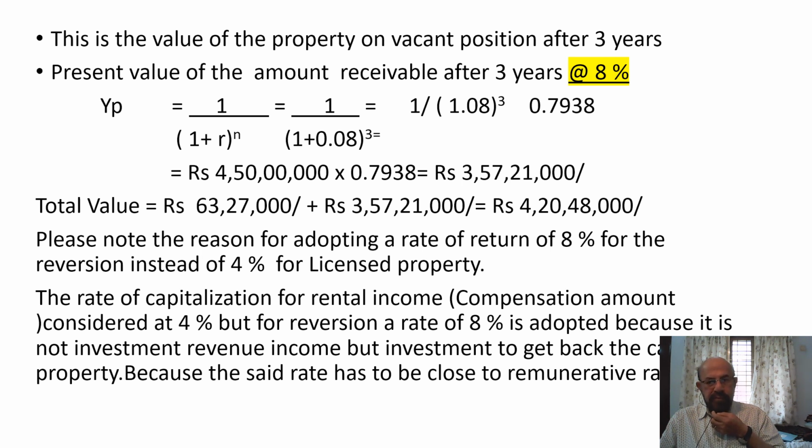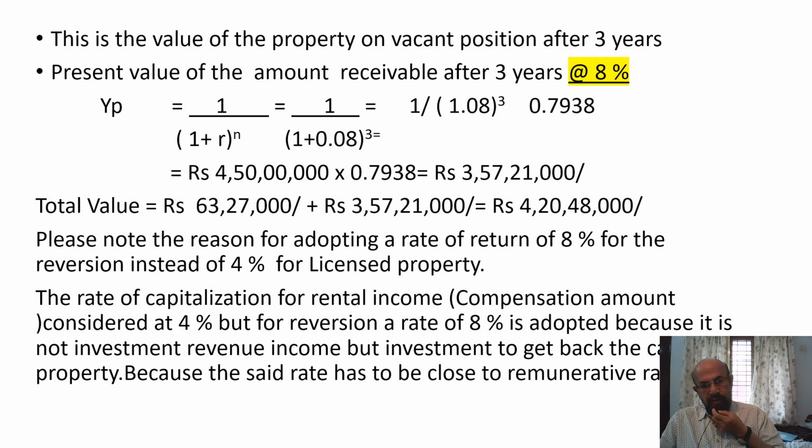So the present value of the amount receivable after 3 years is equal to rupees 4 crores 50 lakhs into 0.7938, which is equal to rupees 3 crores 57 lakh 21,000. The value of the property, 4 crores 50 lakhs, will be received only after 3 years.